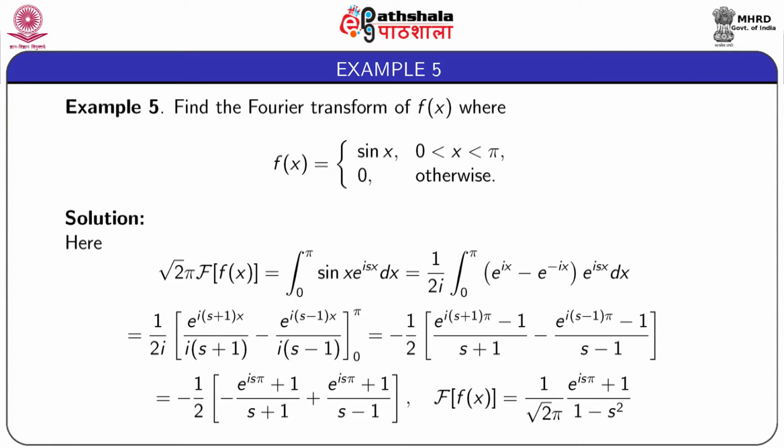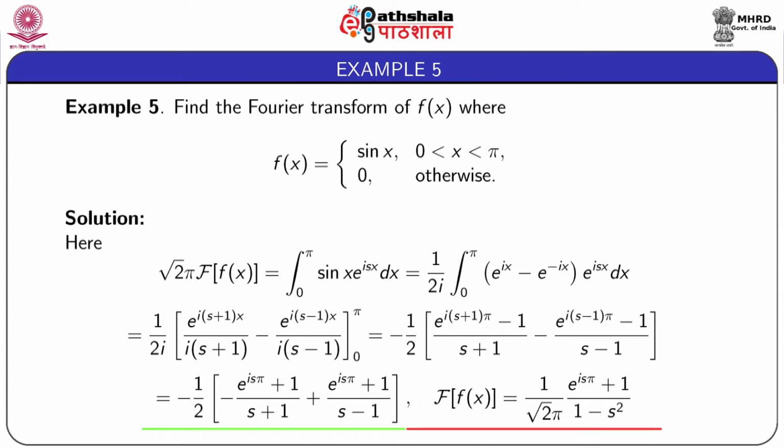This integral can be evaluated and we get the result 1 by 2 i, e to the power i (s plus 1) x by i (s plus 1) minus e to the power i (s minus 1) x by i (s minus 1), from 0 to pi, that is equal to minus half i, e to the power i (s plus 1) pi minus 1 by s plus 1 minus e to the power i (s minus 1) pi minus 1 by s minus 1, which is equal to minus half, minus e to the power i s pi plus 1 by s plus 1 plus e to the power i s pi plus 1 by s minus 1.